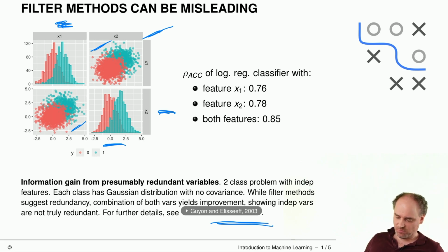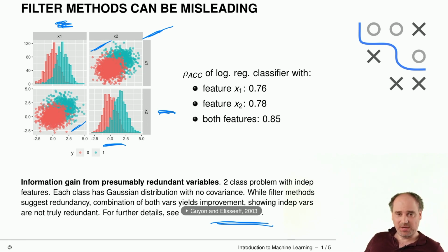Now if we look at this example, these two features don't have any correlation. So in a certain sense, they are independent. Maybe this would lead you to the naive assumption that they don't provide any added value.